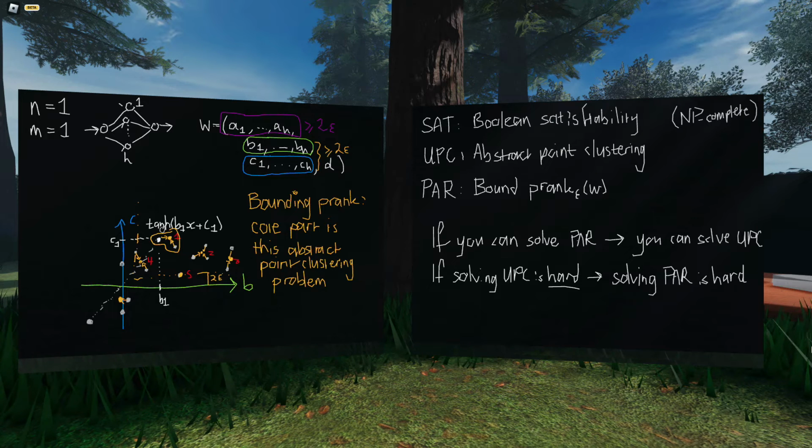You can think of this as a kind of contrapositive. The first line here is if you can solve PAR, then you can solve UPC. You can think of it informally as, if you can't solve UPC, then you mustn't be able to solve PAR either.